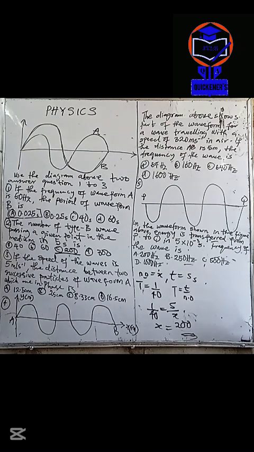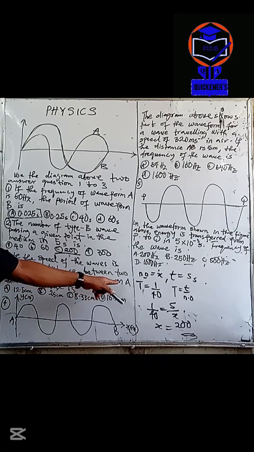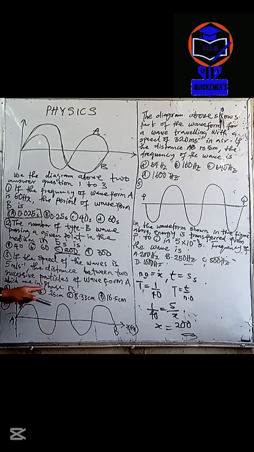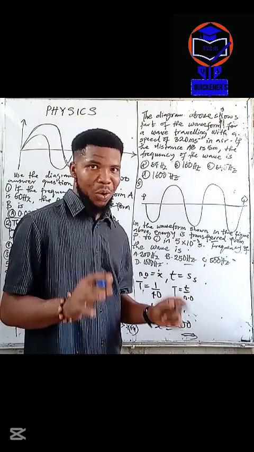Now the next one: if the speed of the wave is 5 meters per second, the distance between two successive particles of the wave from A, which are in phase, is what? Now listen, the speed of the wave is 5 meters per second. And remember, both of them have the same speed. Why?